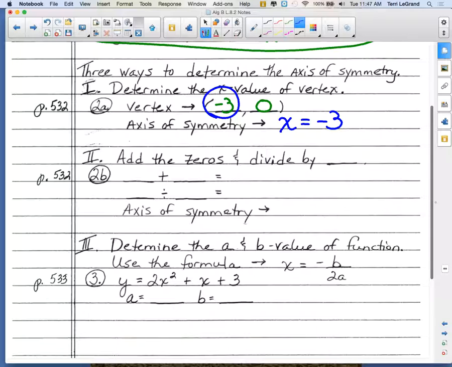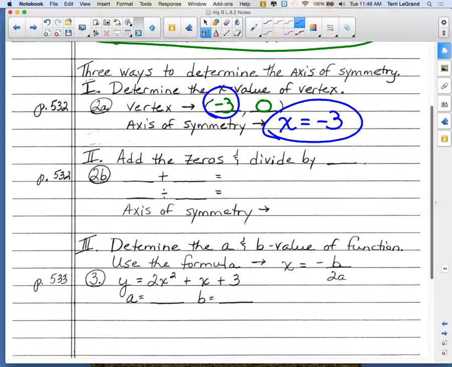Every point on that line has an x value of negative 3. It doesn't go left or right, it's going straight up and down. The only thing changing on that line are the y values. So the axis of symmetry's equation is x equals negative 3 because every point on that line has that x value. We write it as an equation. We don't just say negative 3, we say x equals negative 3.